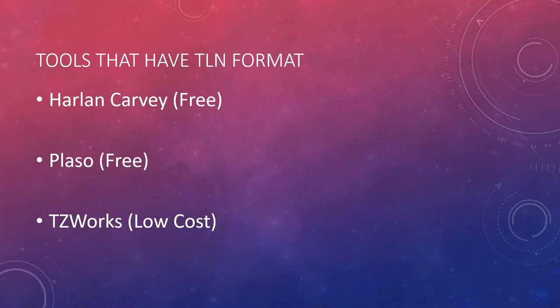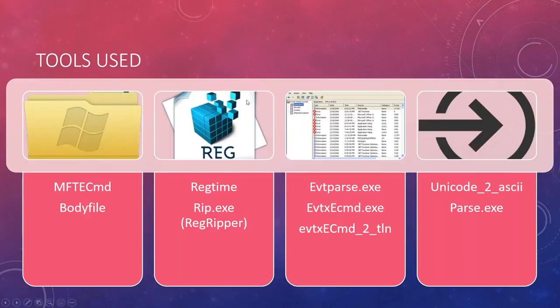There is also TZWorks, which has a great suite of tools that process different artifacts, and they also output in TLN format. So any of the tools that you're using that output into TLN format can be leveraged to build upon and to create the timeline I just showed in the previous slide.